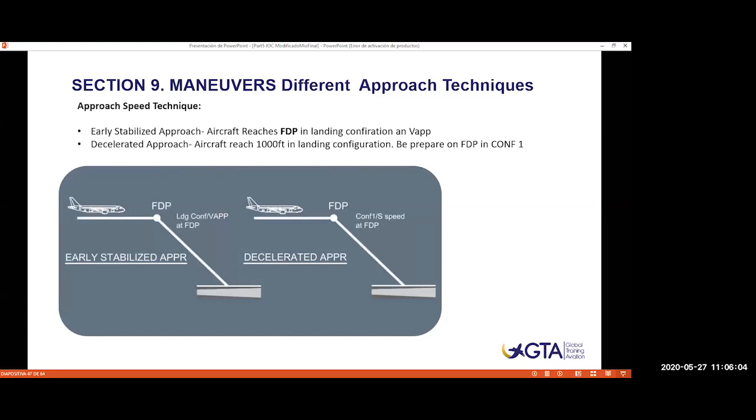This is the three parts of an approach. But how we can do these approaches is what we call approach techniques. We can do it in two ways: early stabilized approach or decelerated approach. The early stabilized approach is when the aircraft is fully configured, and also at VAPP speed, before or exactly at the final descent point.